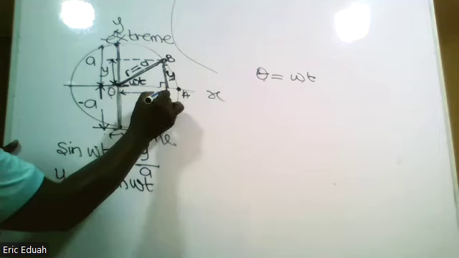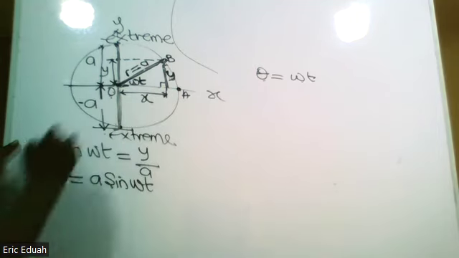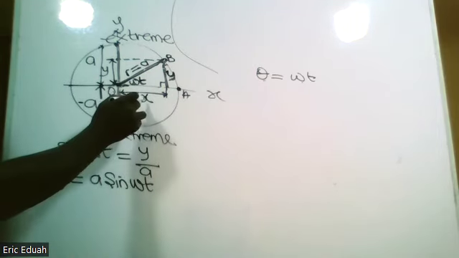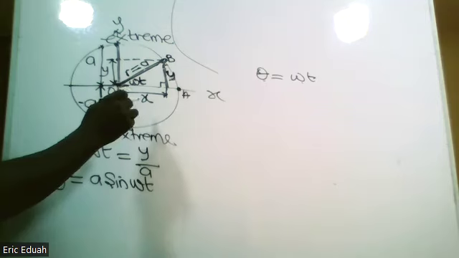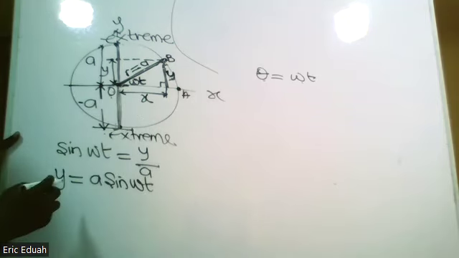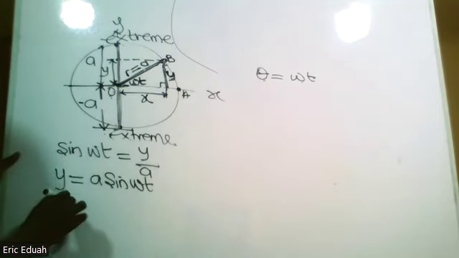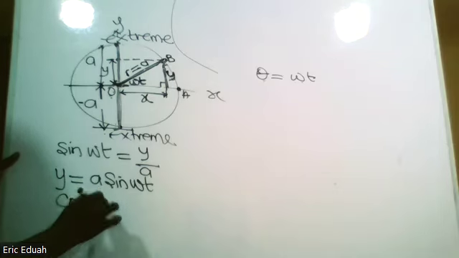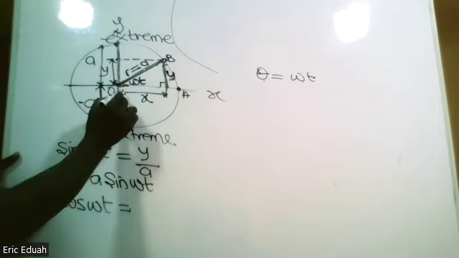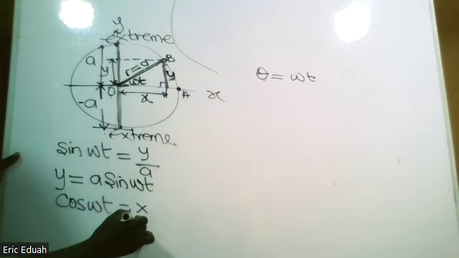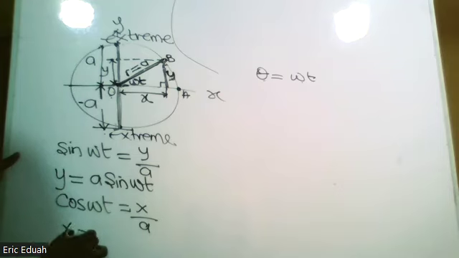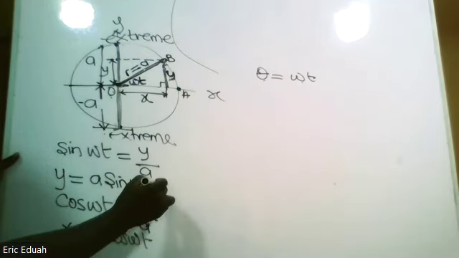Maybe I'm interested in x, so I want to have a beautiful equation for x. If I take the cosine of this angle, cos omega t is equal to the adjacent, which is x, over the hypotenuse, which is either R or A. X, therefore, is equal to A cos omega t.